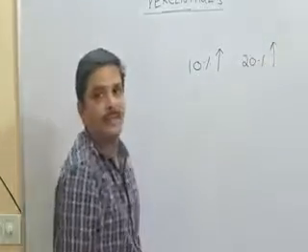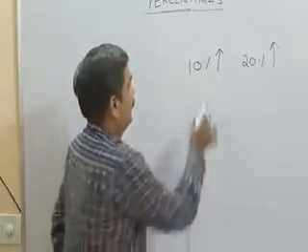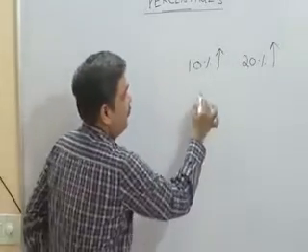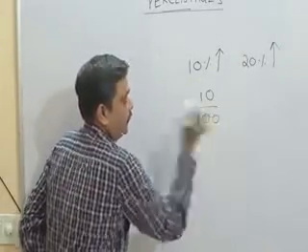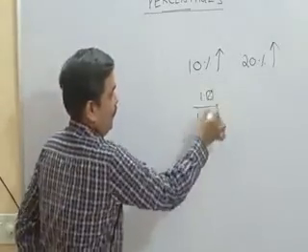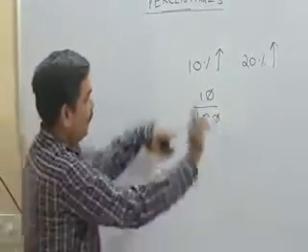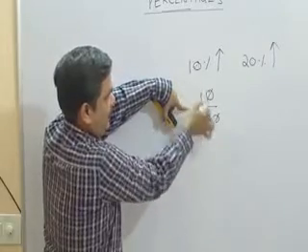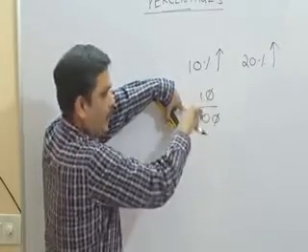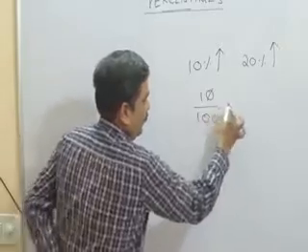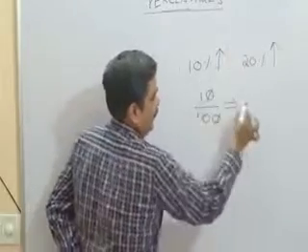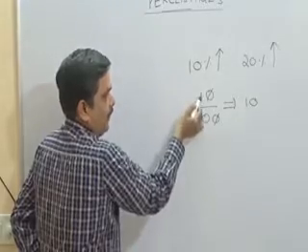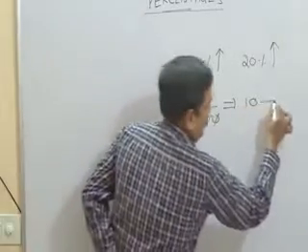In this case what happens? 10% increase means, in a shortcut way, 10 by 100. I am taking these two zeros. Now 10% increase means this 10. According to the shortcut, we can comment that 10 has been increased by 1. 10 has become 11.